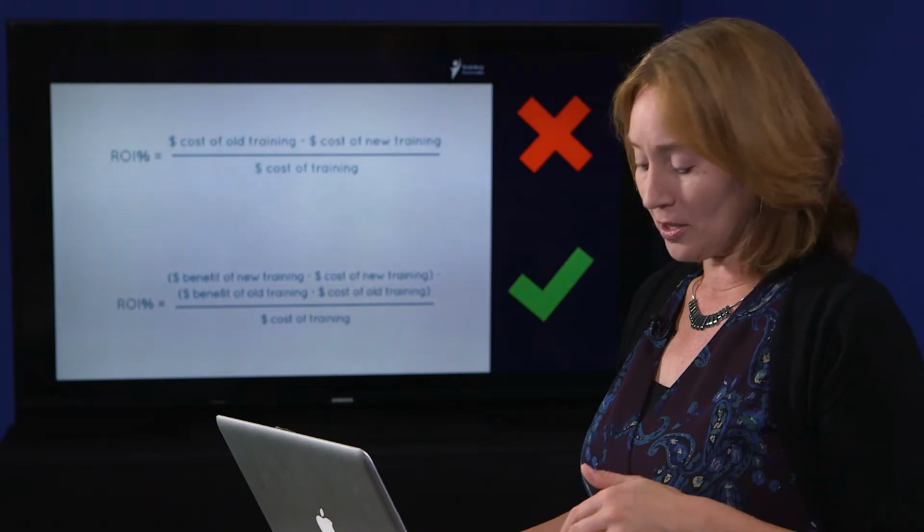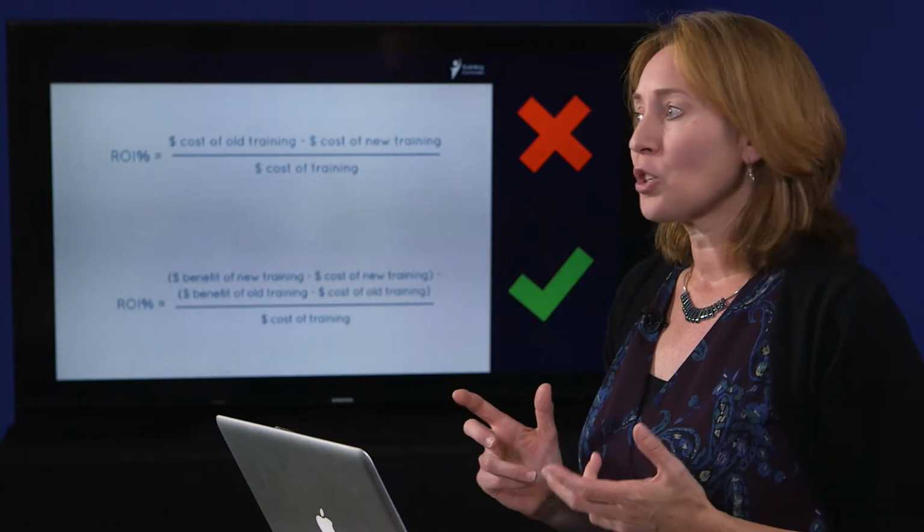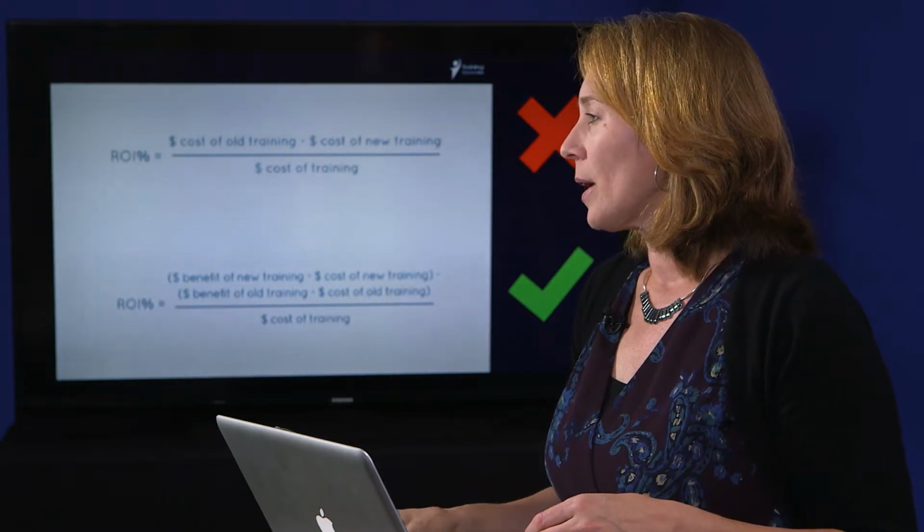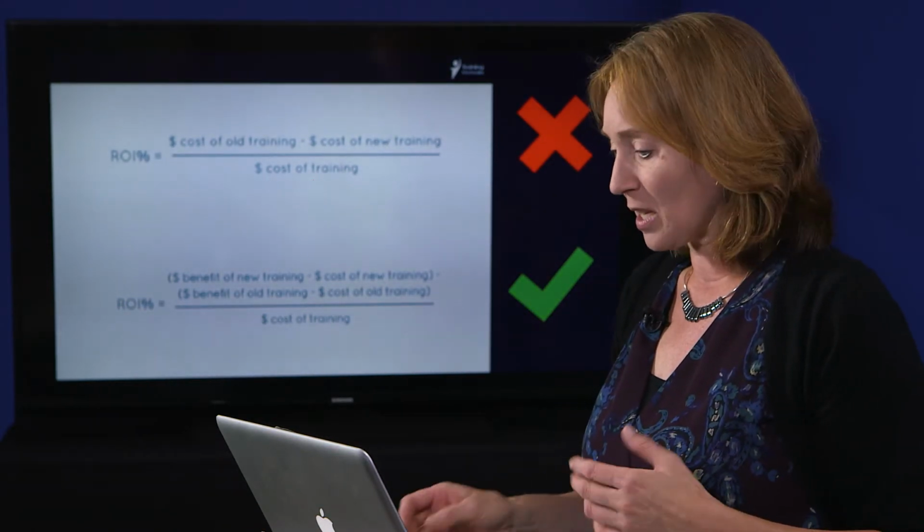It's really a little more complex than that, which is the bottom equation. Which is the benefit of the new training minus the cost of the new training. And then you subtract from that the benefit of the old training minus the cost of the old training, and then put that over the cost of training. And that gives you a much more accurate version of an ROI, and one that just increasingly makes more sense.